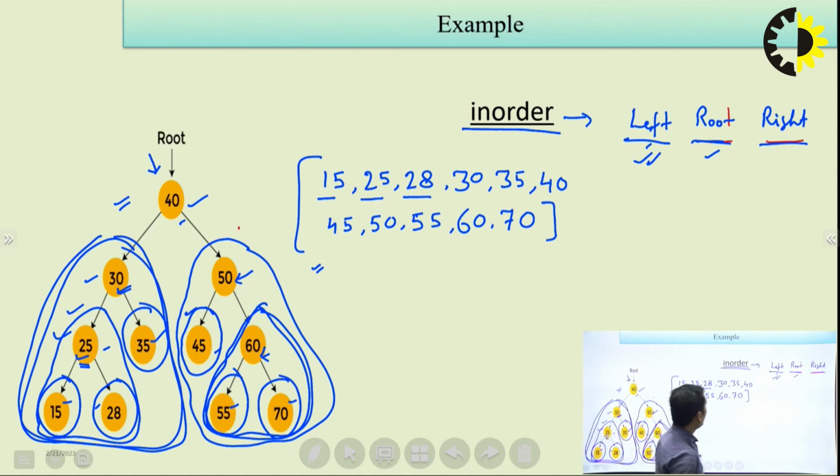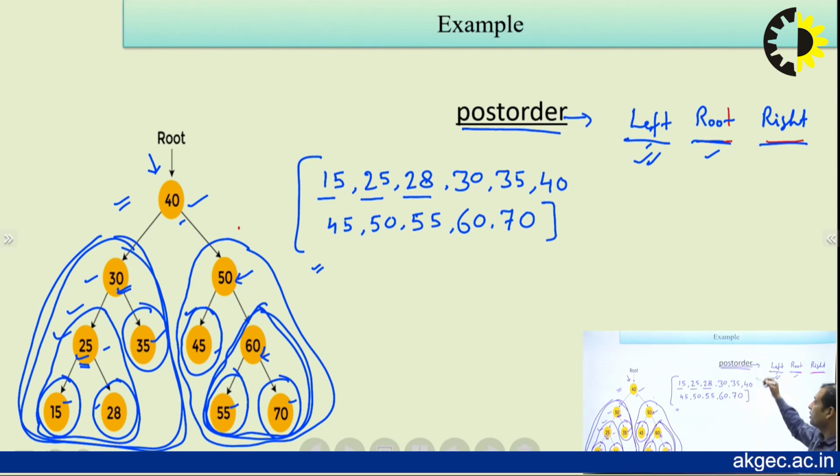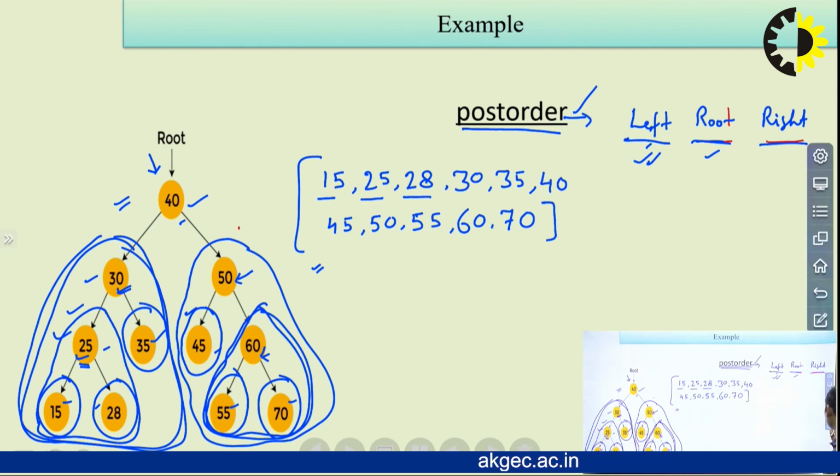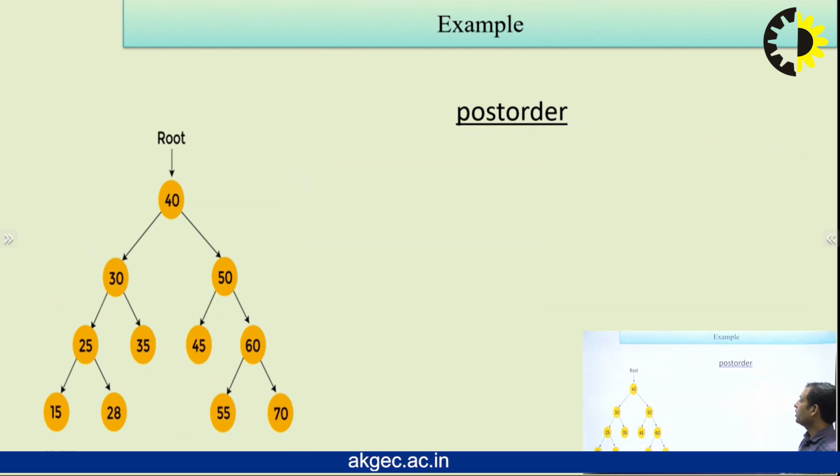Okay. Now next, post order traversal. So for the post order traversal, what will be the sequence?